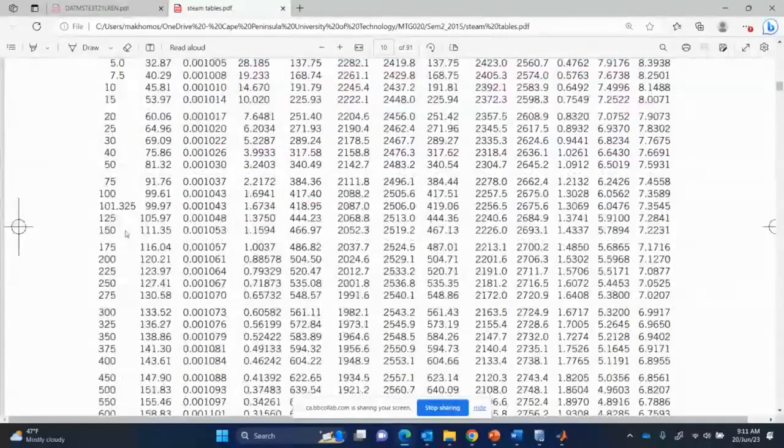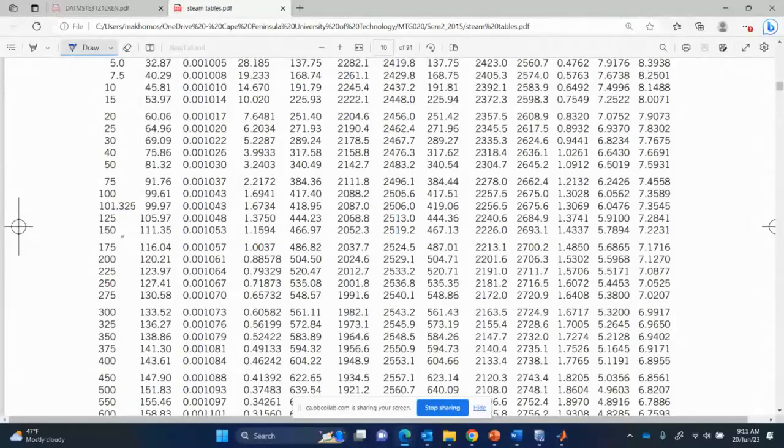Now you scroll down up to 101.325. This is atmospheric pressure at sea level. You don't just say it's atmospheric pressure. You have to keep in reference that this 101.325 is atmospheric pressure at sea level. And from there, you can see that at sea level, water boils at 99.